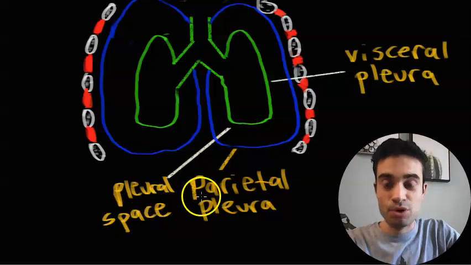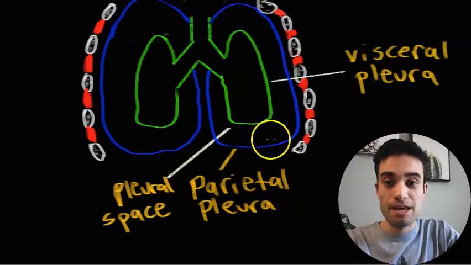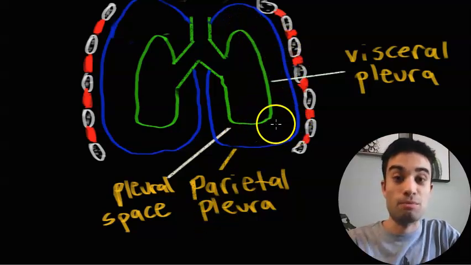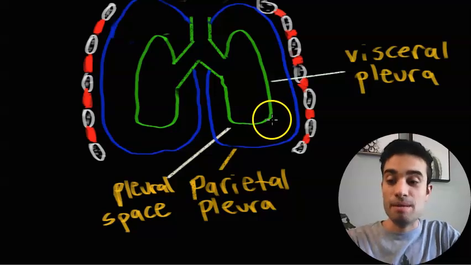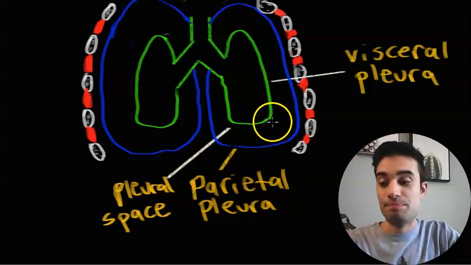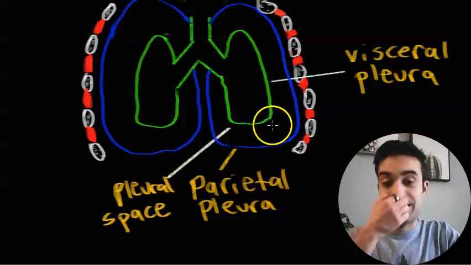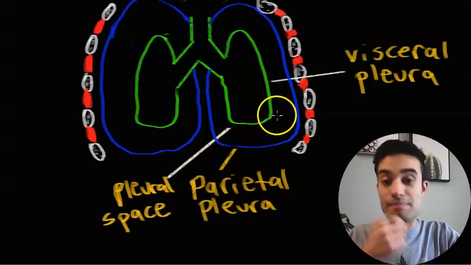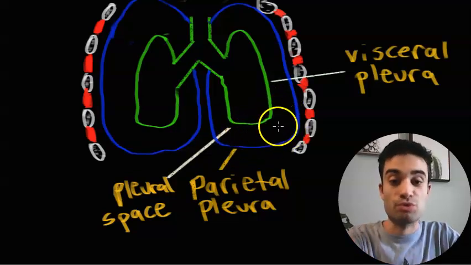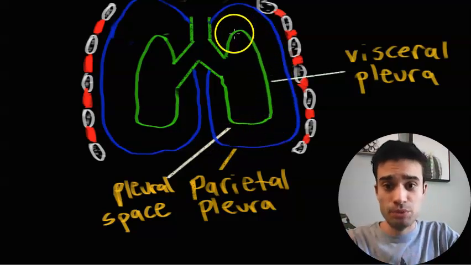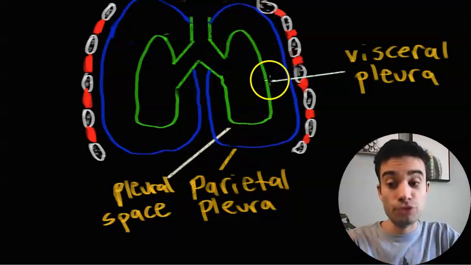This space is important because it has fluid inside of it. This fluid is going to prevent the visceral pleura and the parietal pleura from rubbing against each other, preventing things like inflammation, for example, and pleurisy, which occurs when there's a lot of friction when you rub these surfaces against each other. So this space between them has a lot of fluid.